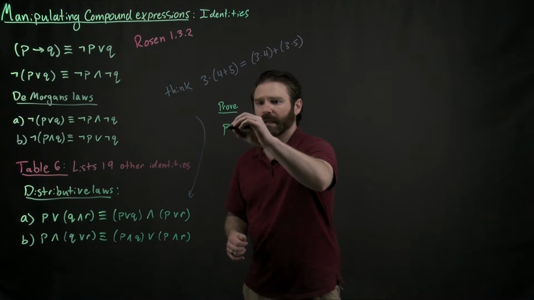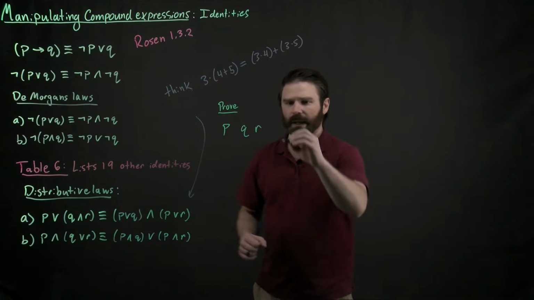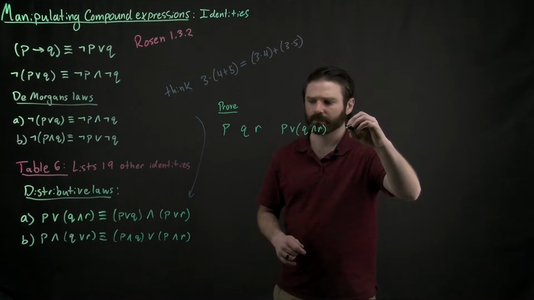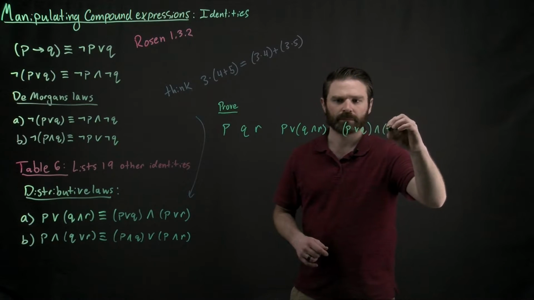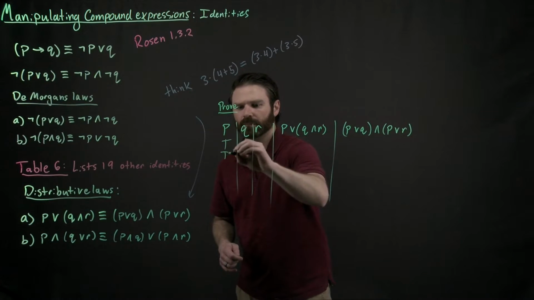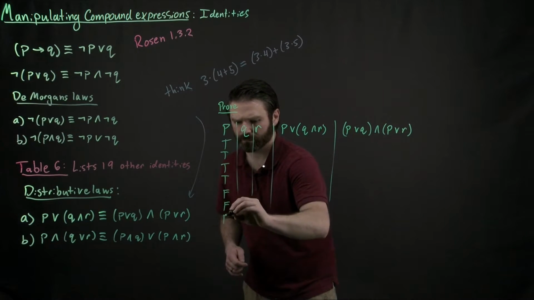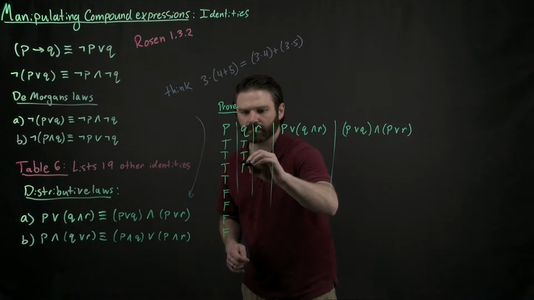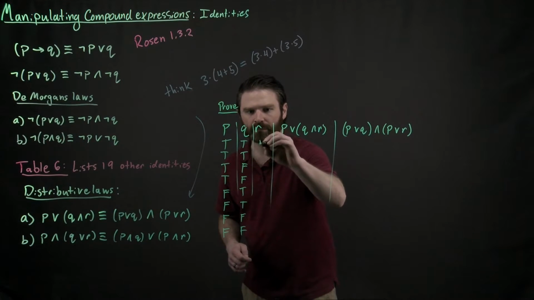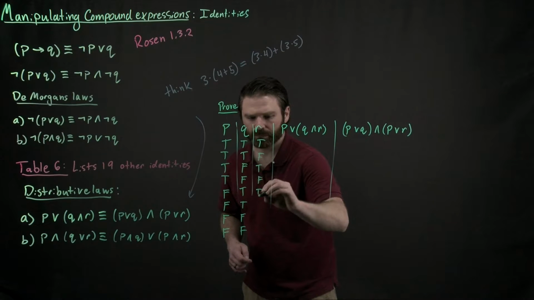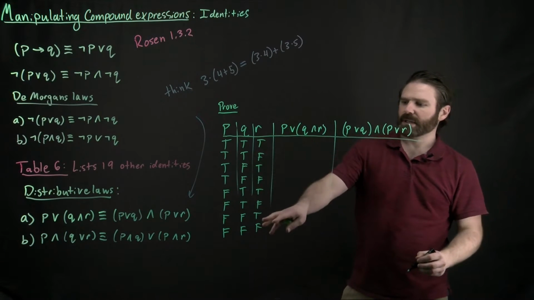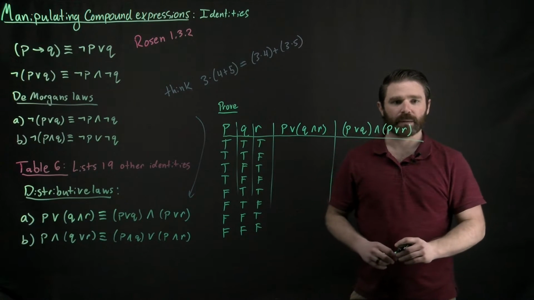You would have to have a P, a Q, an R, and then you would have to look at the compound expressions, P or Q and so on. So it's tedious enough just to draw out and initialize our truth table right here.